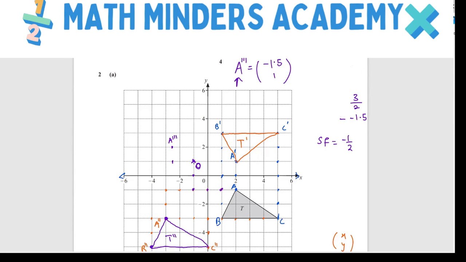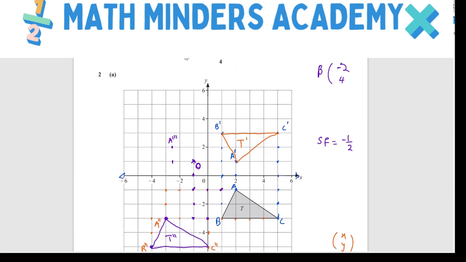The same way we did for A, we are going to do for B. Now, if you look at B, the vector that moves B is -2, because we are going behind, 1, 2, then we go up 1, 2, 3, 4.